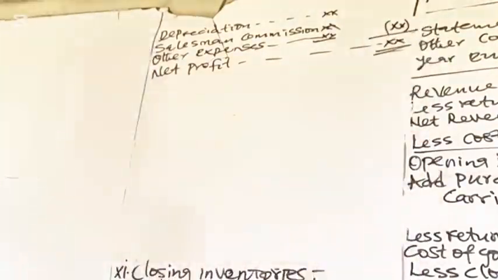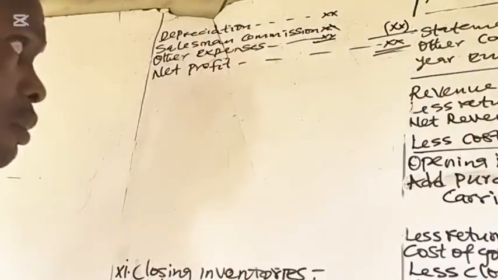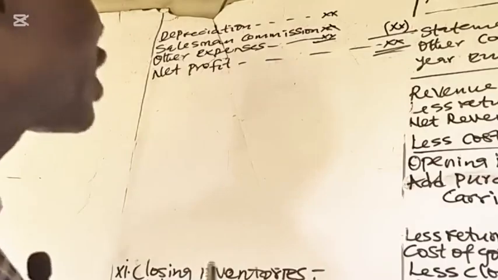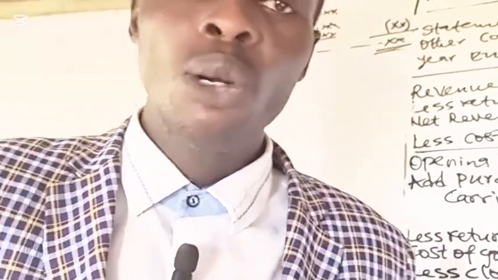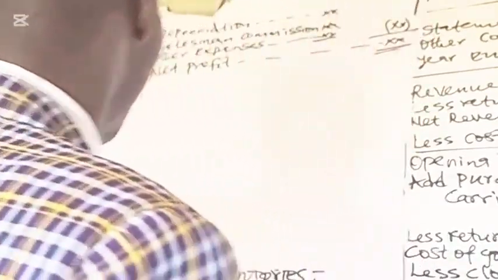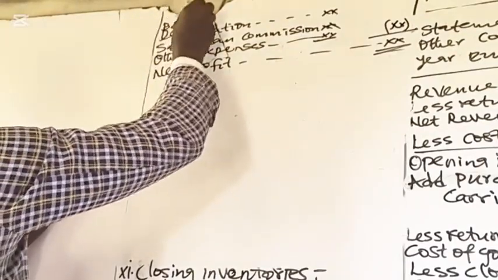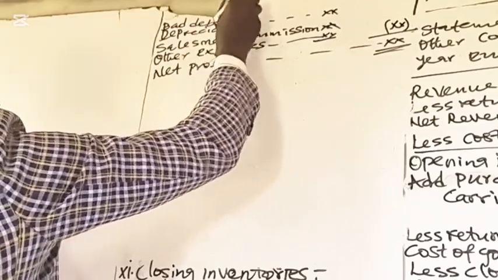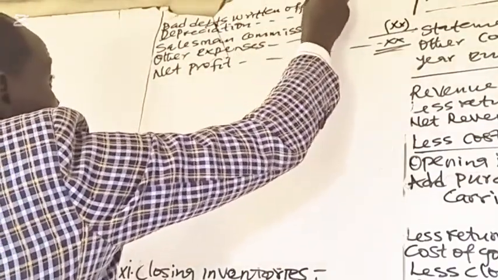Before I consider the statement of financial position, I want to consider the adjustments to final accounts. That is how to deal with the items of additional information. Remember bad debts written off is part of the expenses.